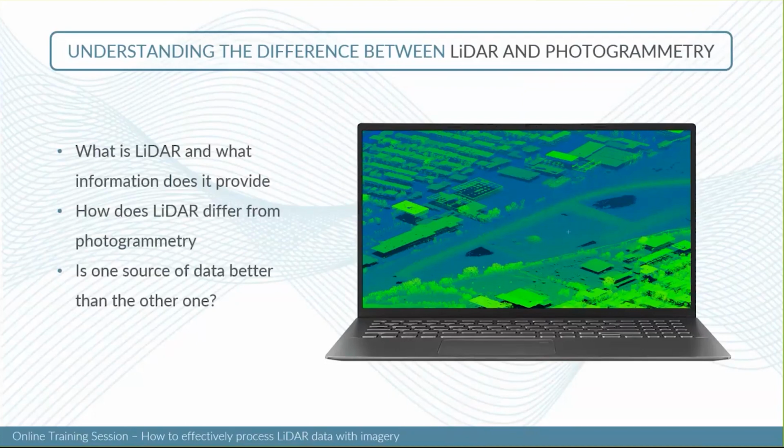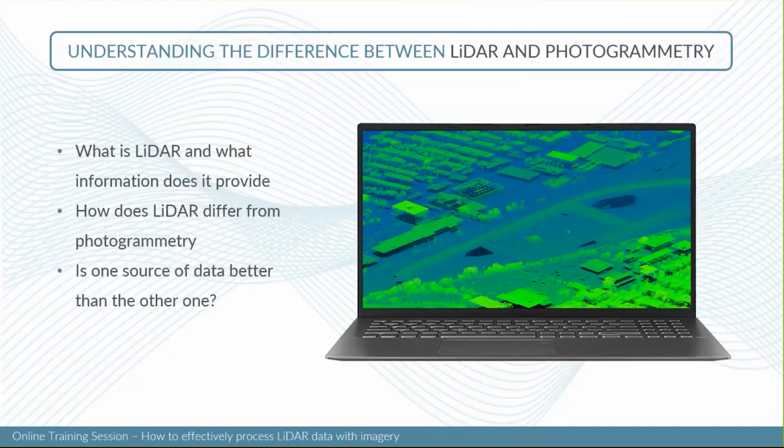LiDAR is a remote sensing technology that uses near-infrared light to send pulses and measure distances. In order to have accurate data with LiDAR, you also need a highly precise GPS that will give you the position of the instrument in XYZ, but also a precise IMU that will give you the roll, pitch and heading direction of the airplane when the acquisition is done.